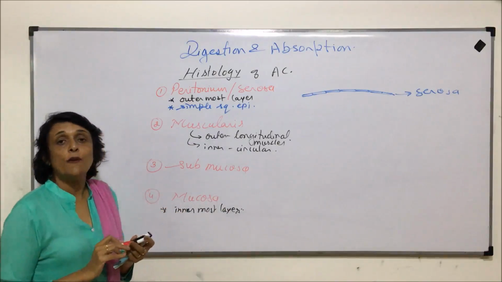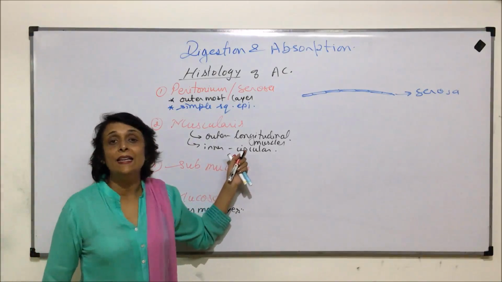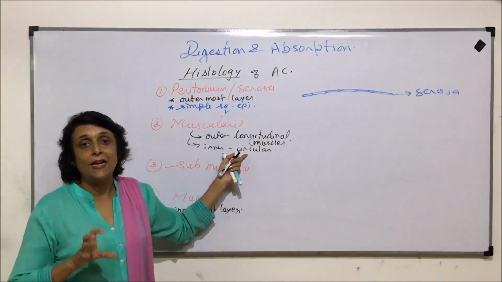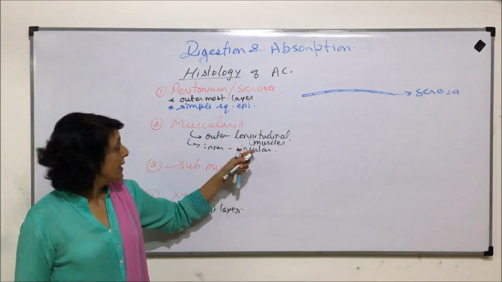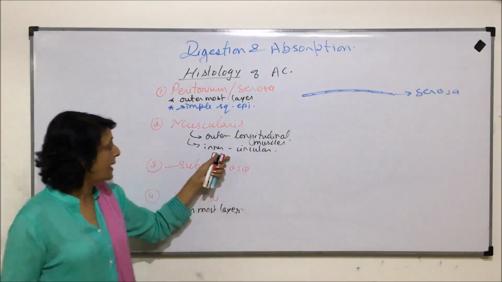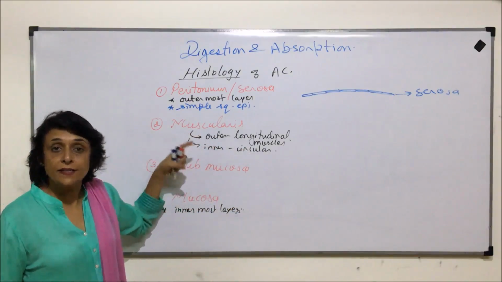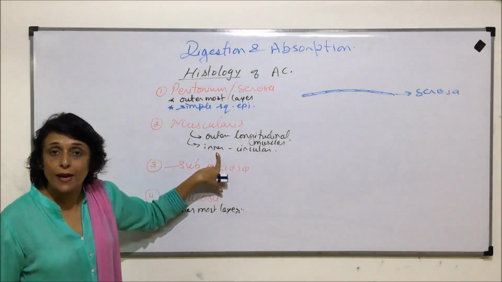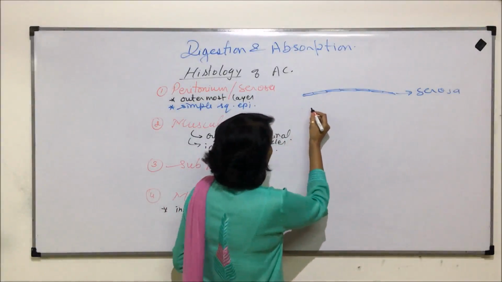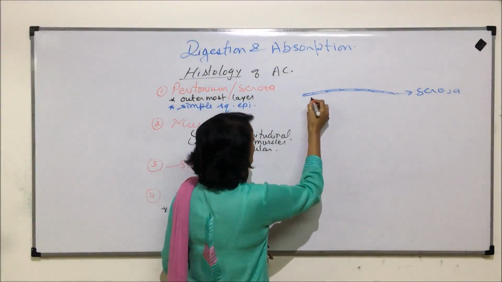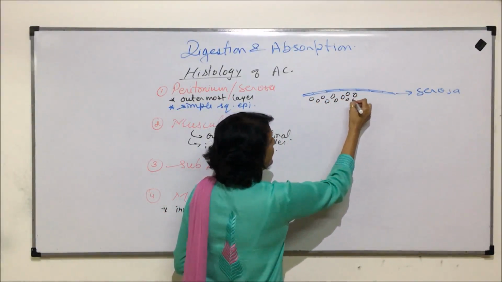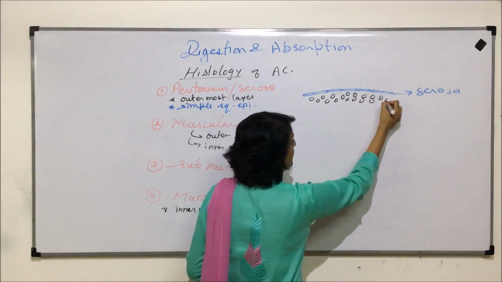When we are talking of outer longitudinal and inner circular muscles, we are talking of all the areas except one where there is an additional layer, that is oblique muscles. We'll talk about that separately under stomach, but in general there are 2 layers in the muscularis.